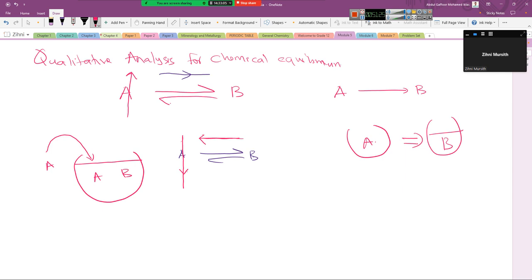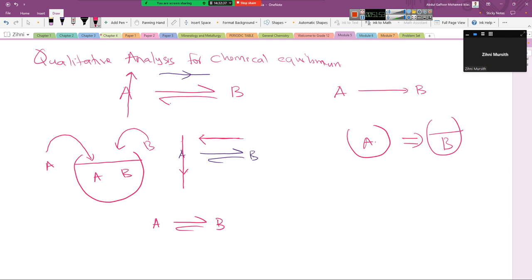Now these are the two situations, and another one: A becomes B. Now if I increase B, if I put some more B into the solution, I'm just taking a generic example. After that I will tell you how you can predict these kinds of trends using an example as well.